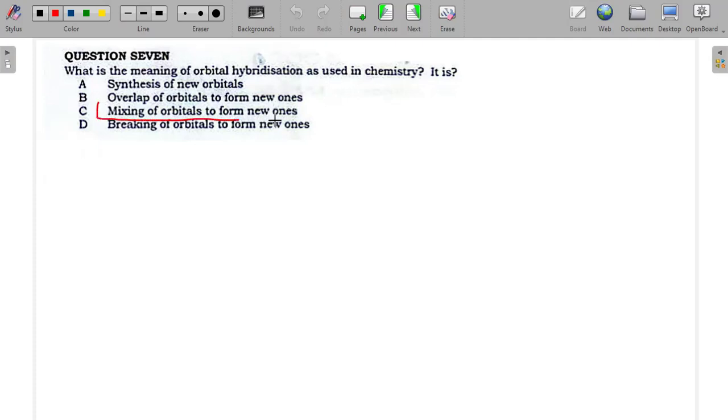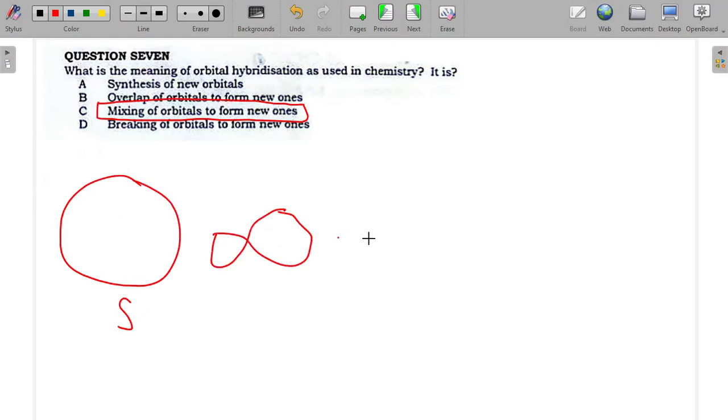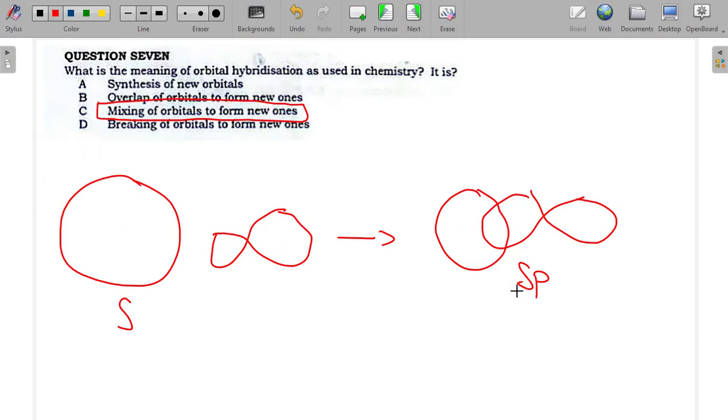So you come here and you select C. For example, if I have this s orbital and then I have this p orbital here, these two orbitals can combine to form the sp orbital. So it will be like this, and then you have a part of the p orbital like that. So this is the sp orbital. So they mix to form new ones.